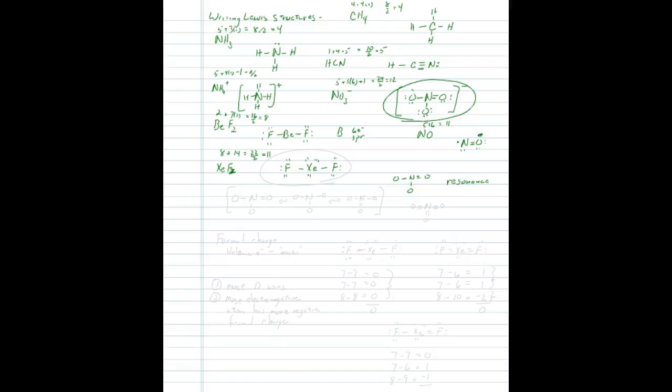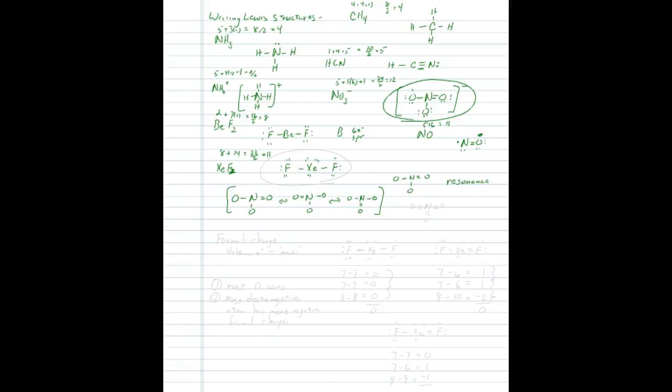The traditional way of showing resonance is to show all the possible permutations of where the double bond goes, with square brackets, meaning it flip-flops all the way around.